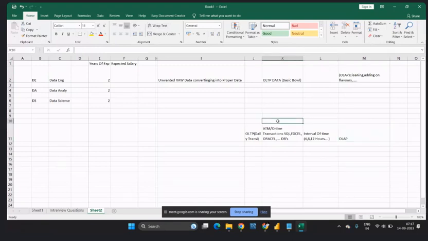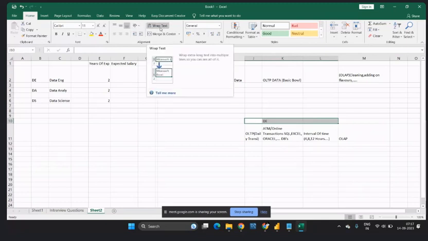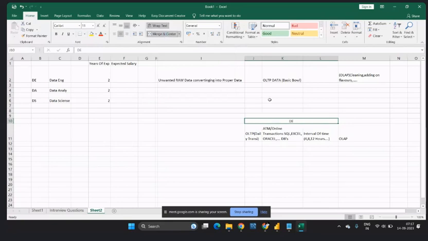All this work comes under data engineering. These are high-paying jobs, right? All this comes under data engineering jobs.